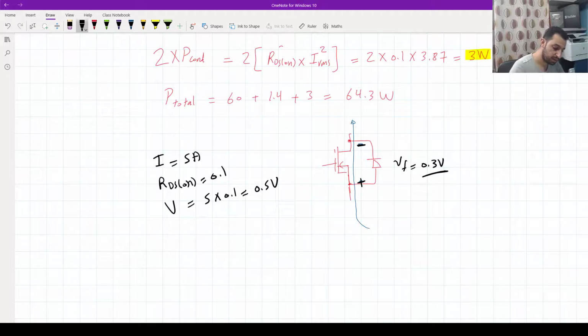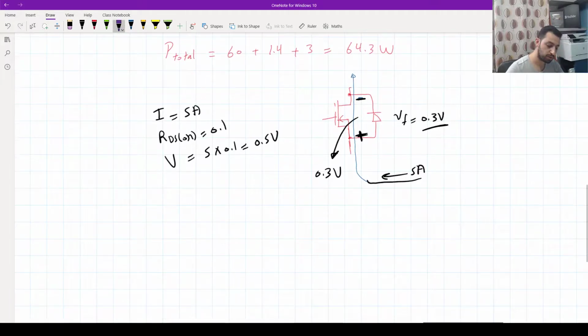So actually, we have that voltage between that point and that point will equal 0.3 volt, caused by the diode, or maintained or regulated by the diode, okay? So if you have 5 ampere coming from there, how much current will go through the transistor and how much will go through the diode?